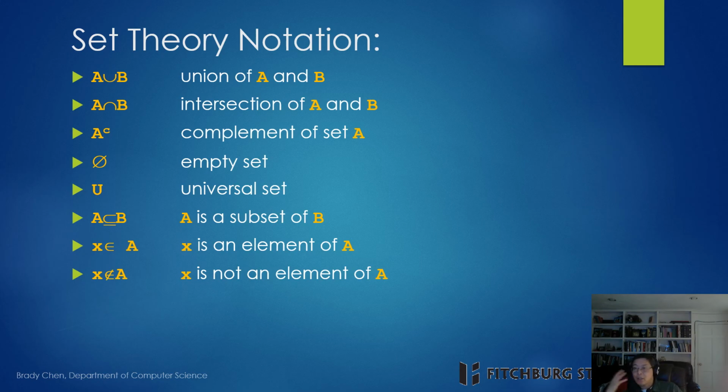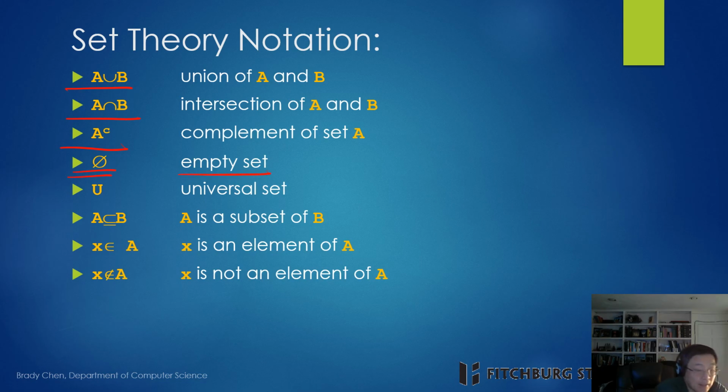Okay, so let's summarize all the notations and all the definitions we have covered so far. We have talked about sets, and also three operations: A union B, A intersection B, and the complement of A. Also, as a special set, we have the empty set.